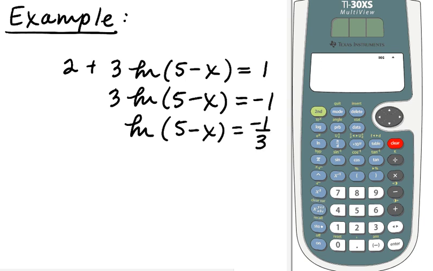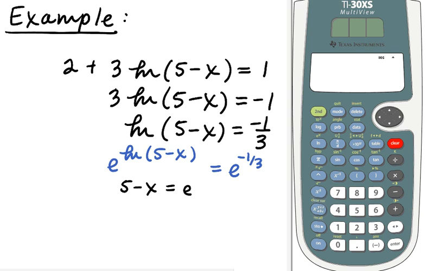Now that I've got the log isolated, I'm going to take e to both sides' power. So I'll say e to the natural log of 5 minus x equals e to the -1/3. And so this is 5 minus x equals e to the -1/3.